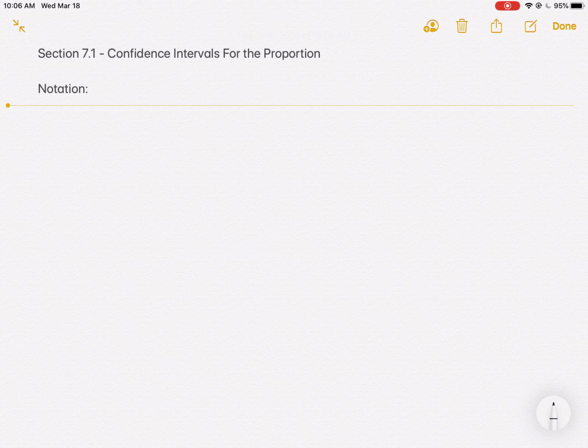We're going to need to get our sample value. And so when we're in 7.1, they're going to come with a very familiar setting, and that is percentages or proportions. So we want you to know that proportion is 100% the same as percentage. They're going to use those words interchangeably.